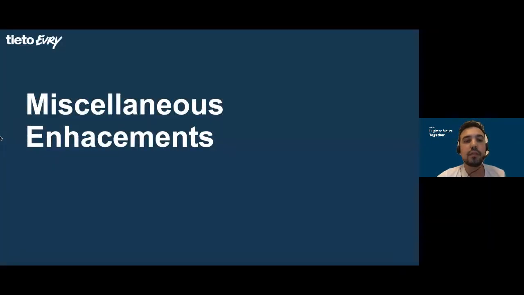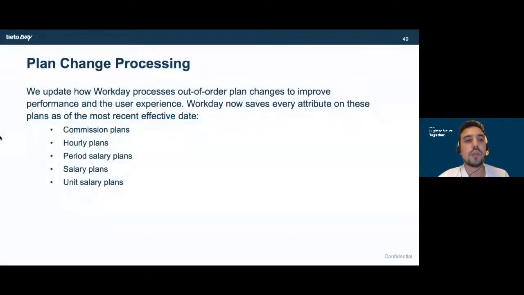Some enhancements. One, I think, for basic compensation: Workday updated the process for out of order plan changes to improve performance and user experience. It works for commission plans, hourly plans, payroll salary plans, and unit salary plans.